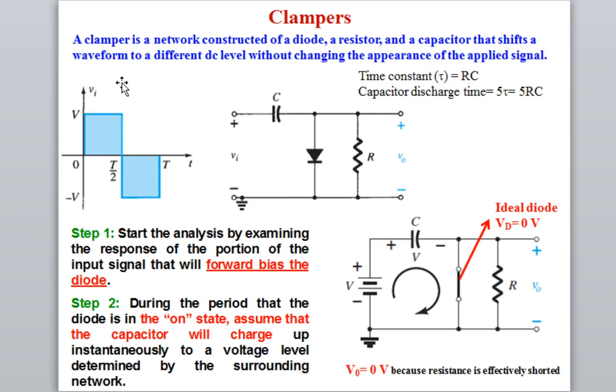This input signal may be a square wave, a sine signal, a cosine signal, a triangular signal, any type of AC signal which is changing with time. That is the important point.